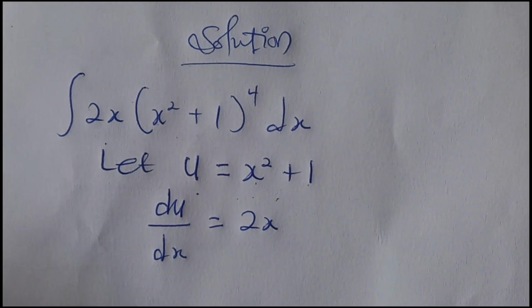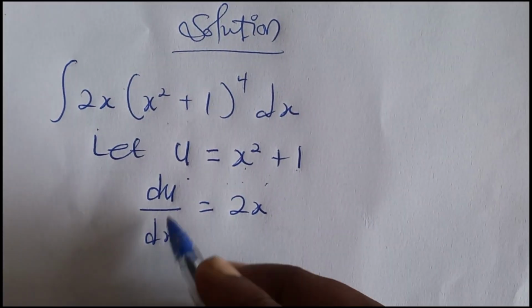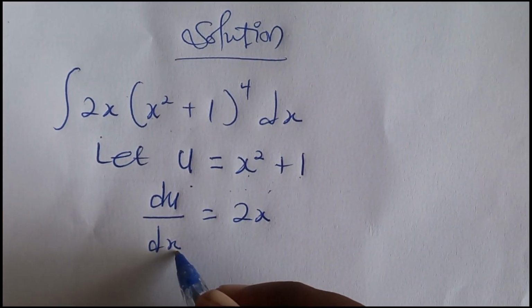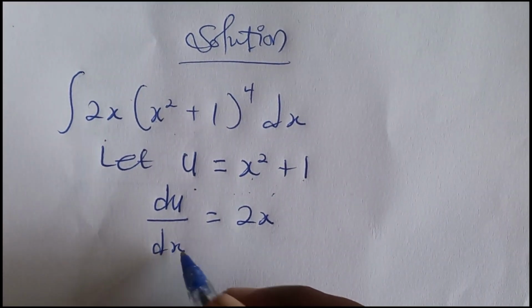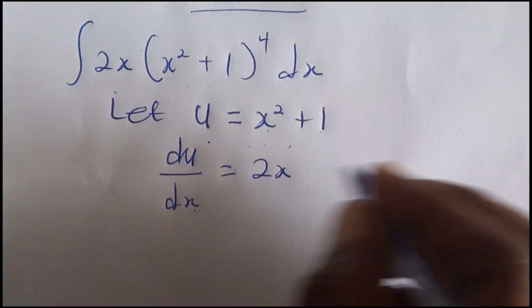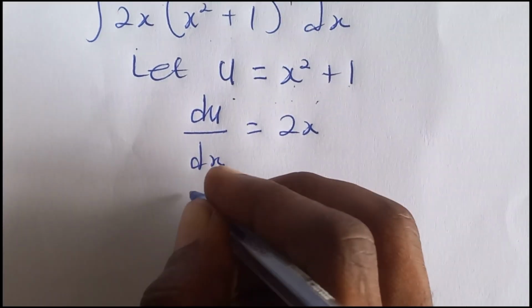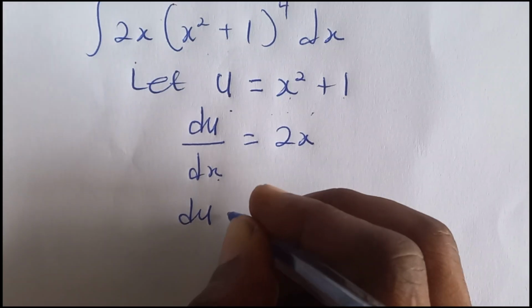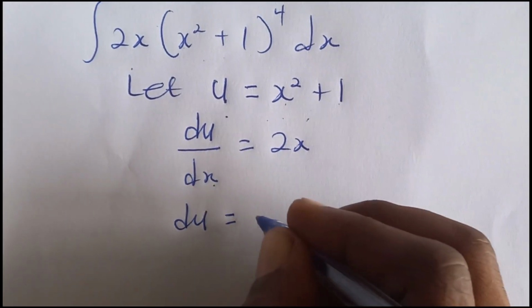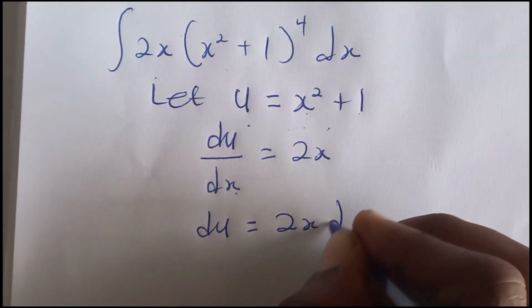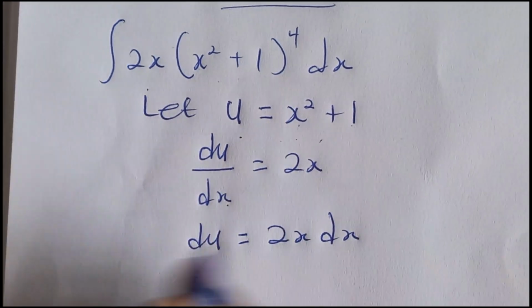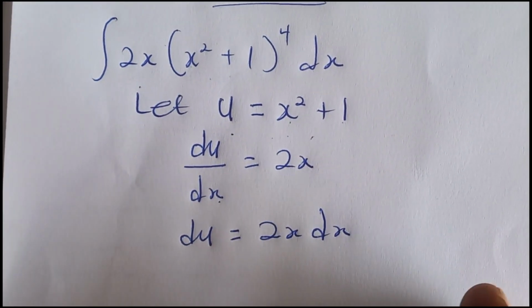From here, we need to make dx the subject. So we multiply both sides by dx. We are going to get du, which is equal to 2x dx. Now we can divide both sides by 2x.